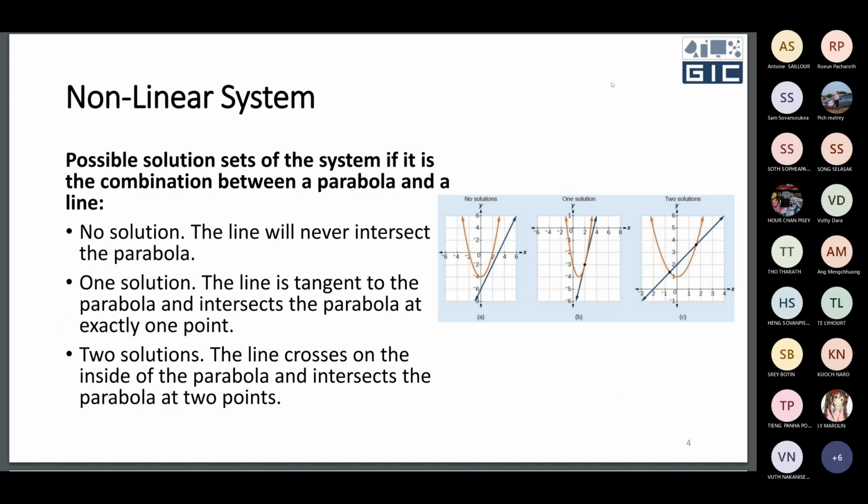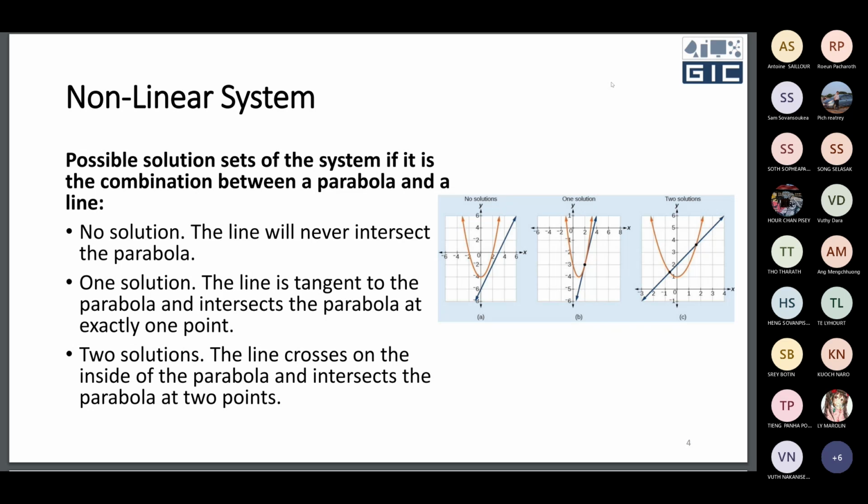So first of all, let's go to the first case, where our system combines a parabola and a line. The line is linear, but the parabola is nonlinear because the exponent is greater than one.